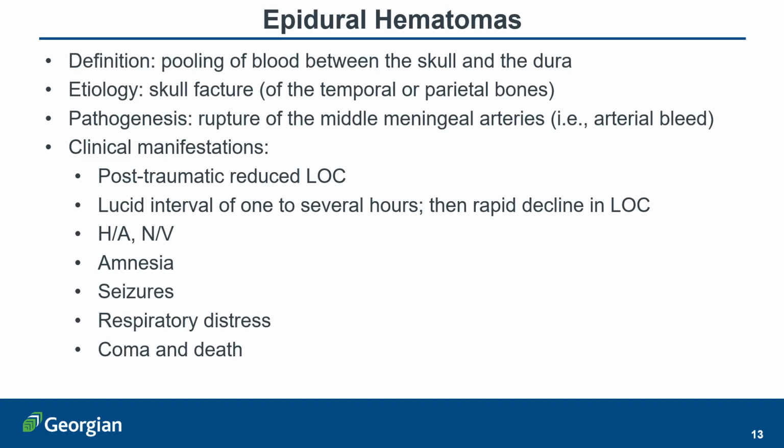So eventually, once ICP increases beyond a certain threshold, there's a rapid decline in the level of consciousness. We've covered this already. The rest of the clinical manifestations are all related to the increase in the ICP: headache, nausea, vomiting, amnesia, seizures, respiratory distress, perhaps the Cushing's reflex of hypertension, bradycardia, and respiratory irregularities, all the way to ultimately coma and death.